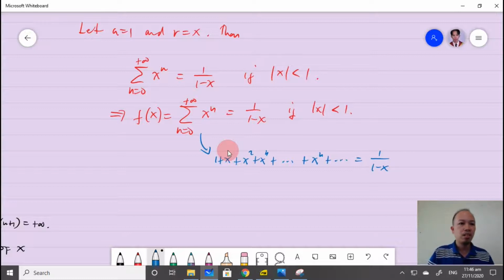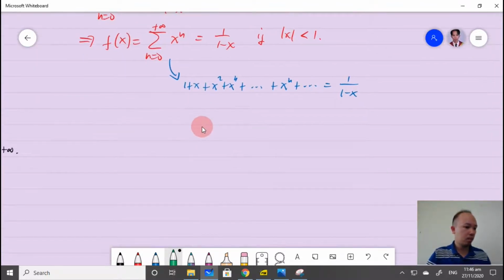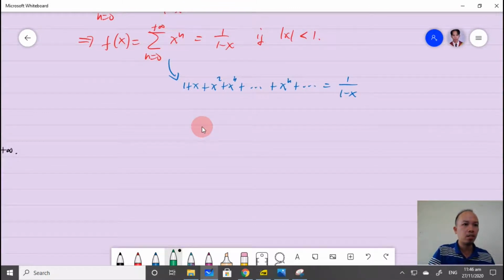Okay, so from here, let's try to apply it to the given geometric series.